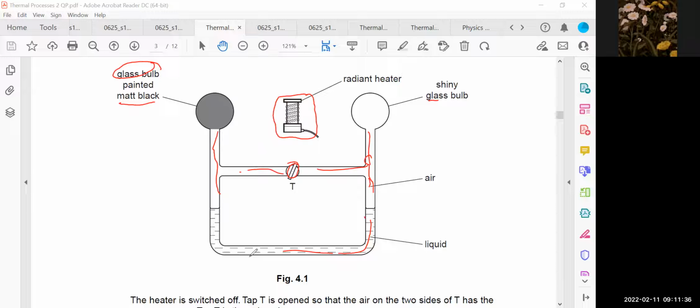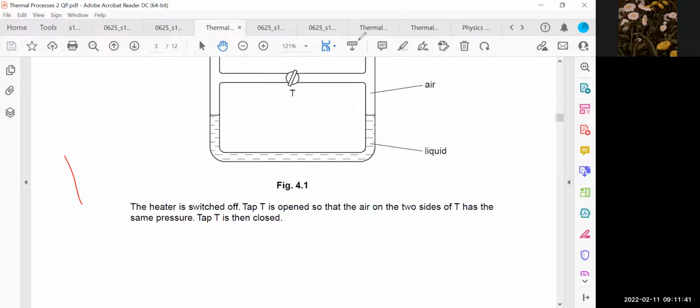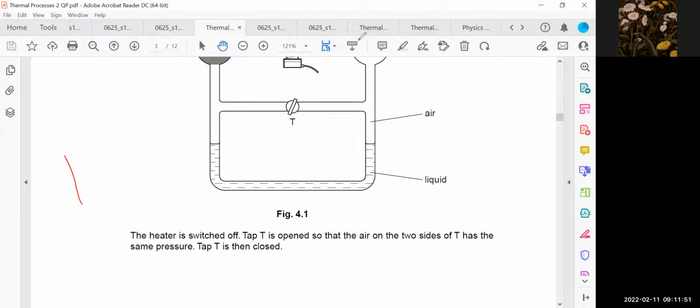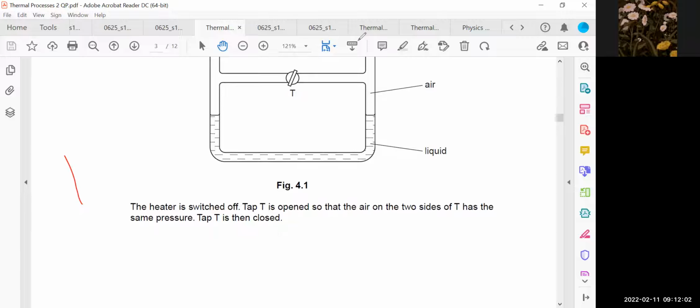Now what we have to do in this question. The heater is switched off, tap T is open so that air on the two sides of T has the same pressure. At the beginning of the experiment, they just open the tap T so that there is circulation of air, and on both sides the same volume of air will be there.